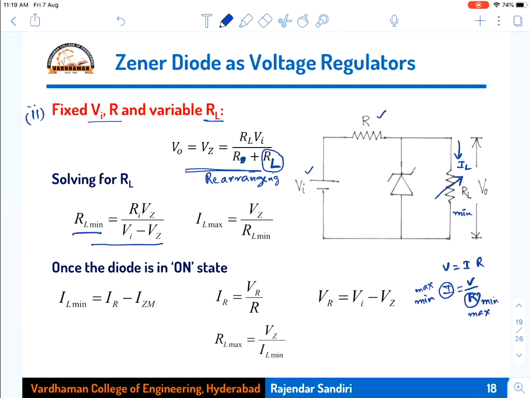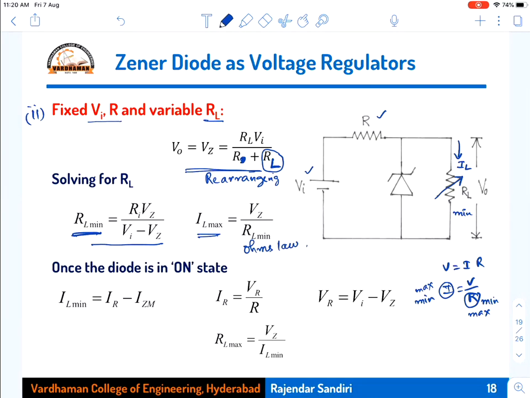So I and R have a reciprocal relationship. In that path, RL I am getting as a minimum value, so the load current will be at its maximum. IL maximum is equal to Vz by RL minimum. Just Ohm's law I have applied.